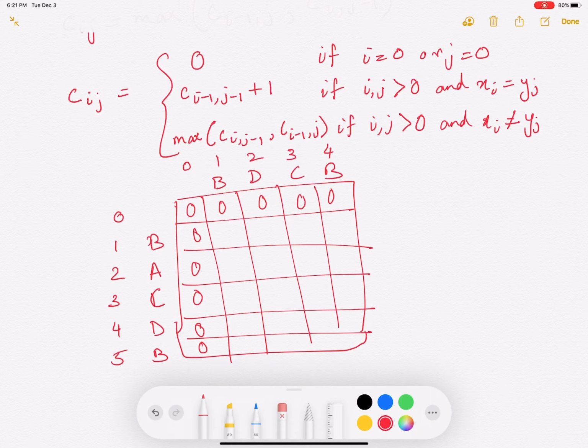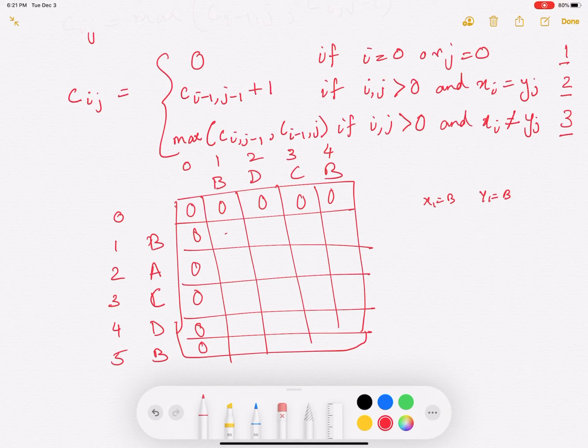Now let's try to fill this block out here. Let's go by columns. When you try to fill that block, we are looking at two strings, x1 equal to B and y1 equal to B. Those two strings have the last character the same, so we are going to look at case 2.